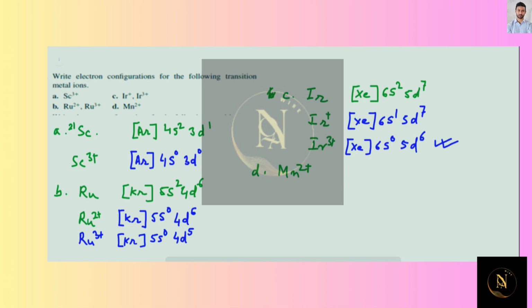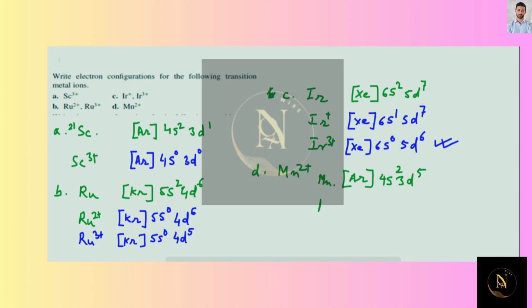Mn is actually, after argon you can write the outer electronic configuration of Mn, that is 4s2 3d5. This is in case of Mn.